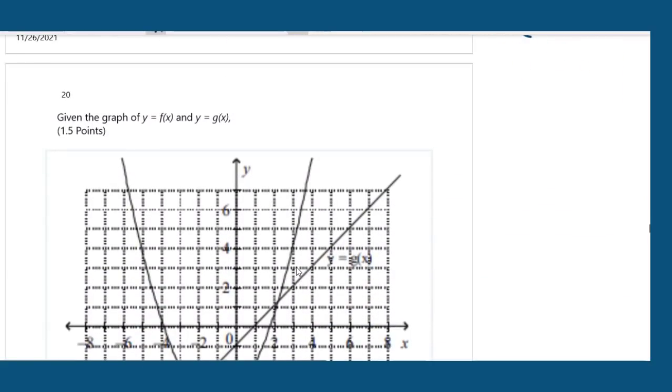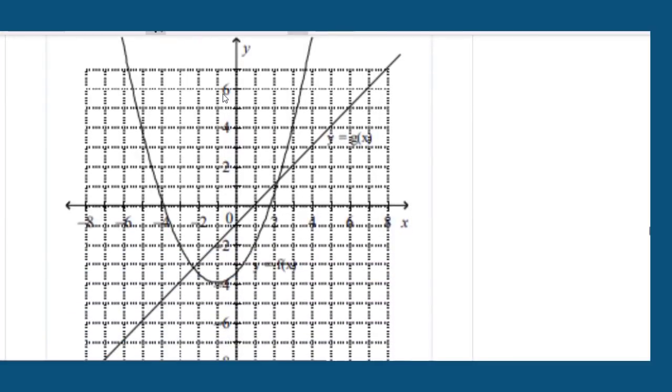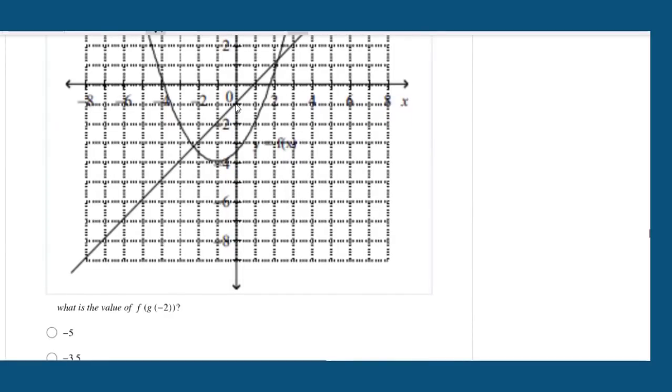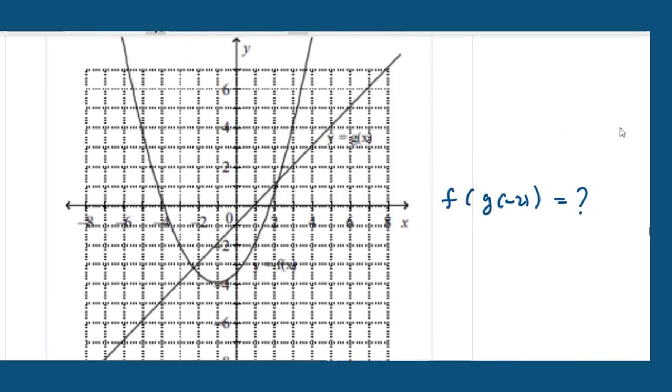Number 20. Given the functions f of x and g of x with the graph, the information is from the graph. So here, f of g of negative 2 is equal to something. Find this one. To find this, first check g of negative 2.